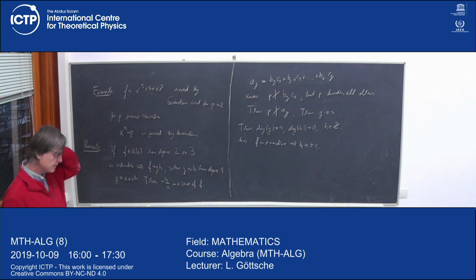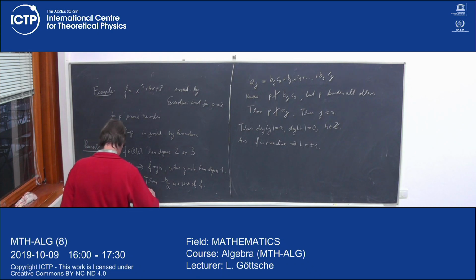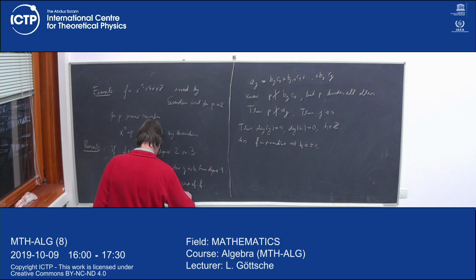So we can see that if the degree is 2 or 3, then if it doesn't have a 0 in K, this is irreducible.